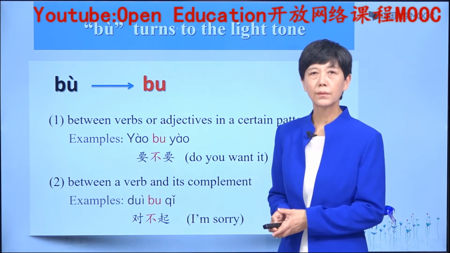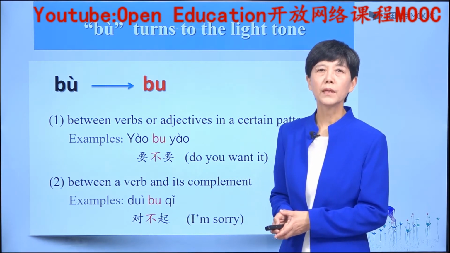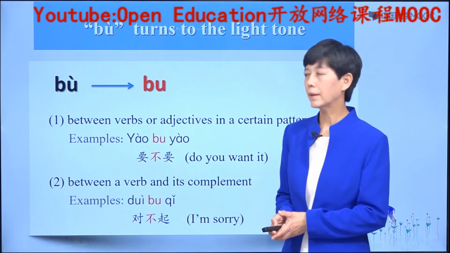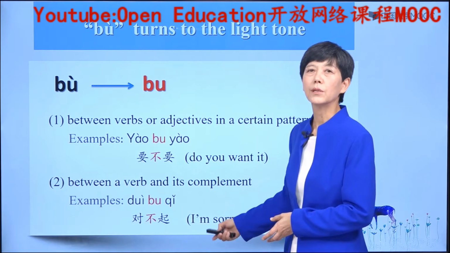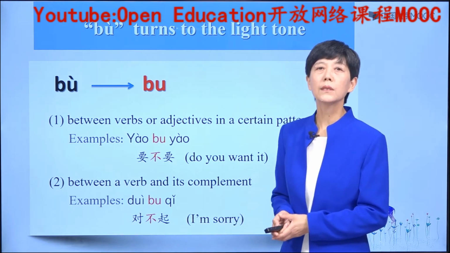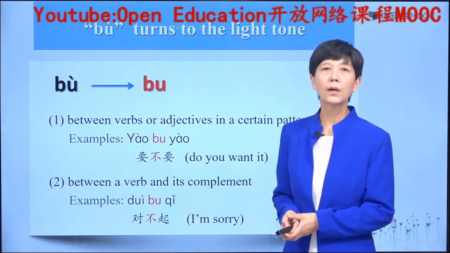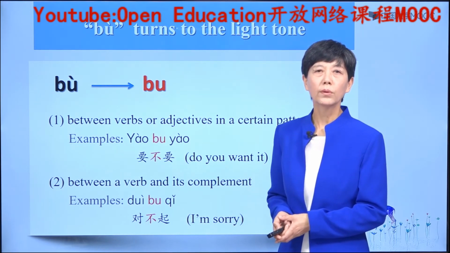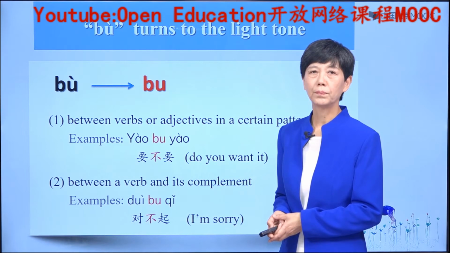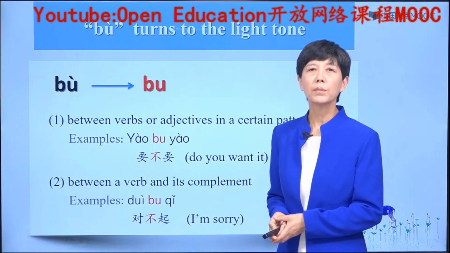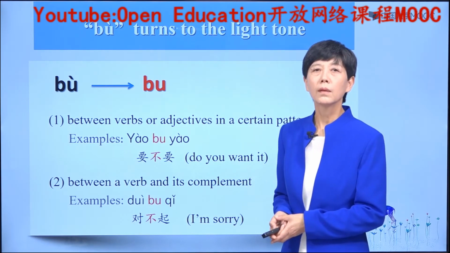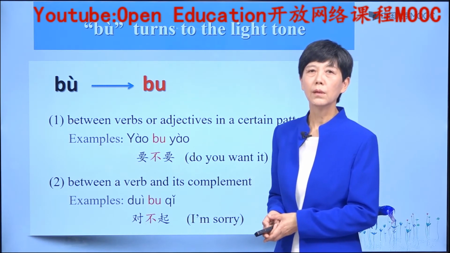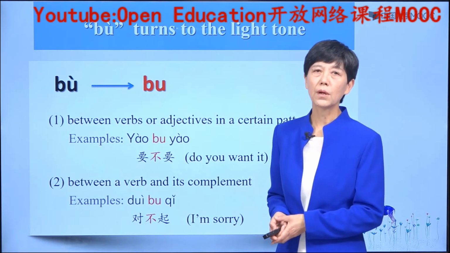The second, when the word 不 is between a verb and its complement, like 对不起. Here, 起 is a complement of 对. In that case, 不 will take light tone too. 对不起 means sorry. The opposite expression is 对得起, means I don't feel sorry.